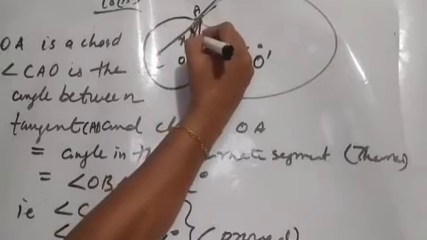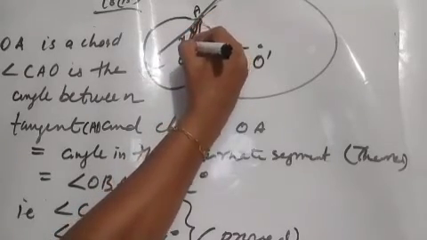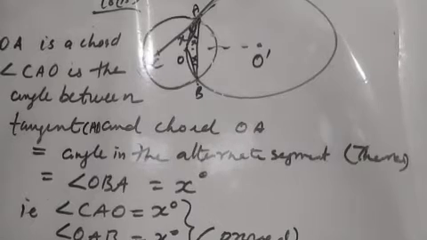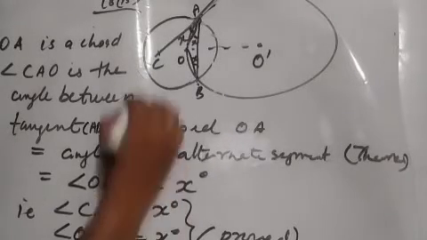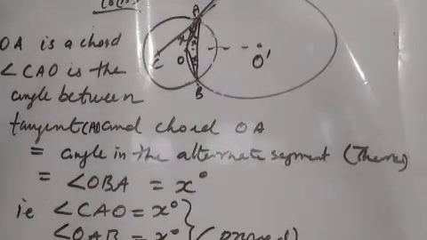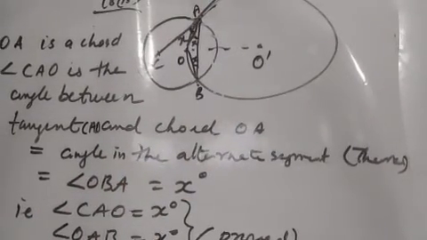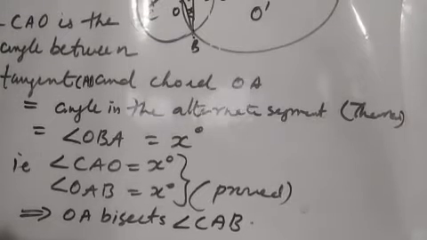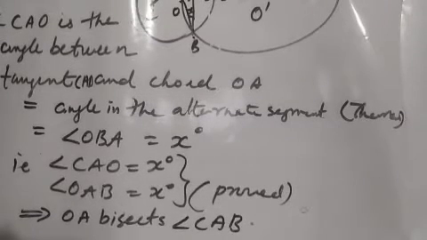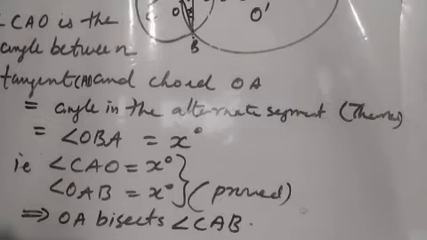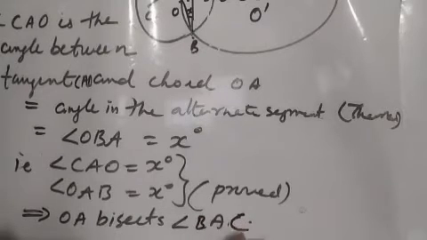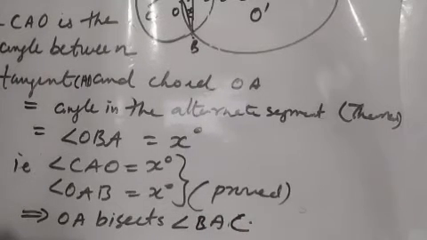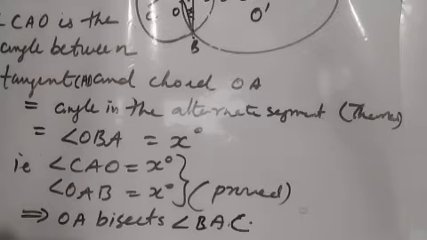CAO, this portion and this portion are equal, so OA bisects angle CAB, or in the textbook it is given as BAC, both are the same. So we can write it as BAC also. Understood this problem? Okay, now let us solve the 8th one.